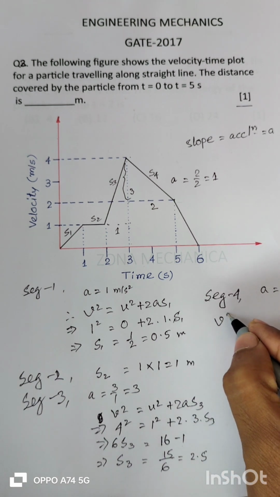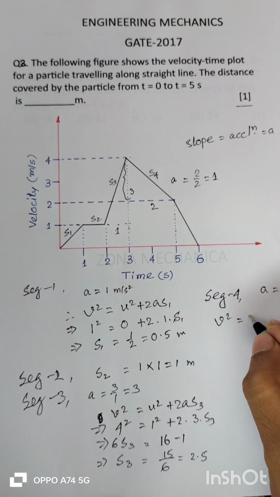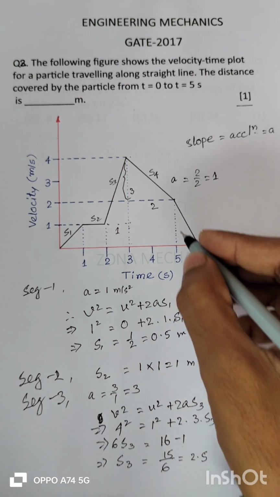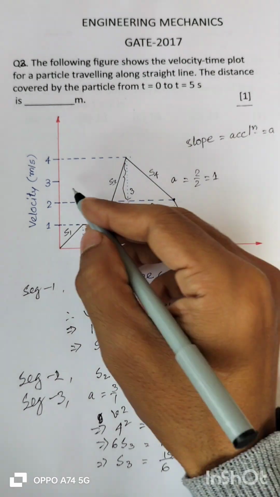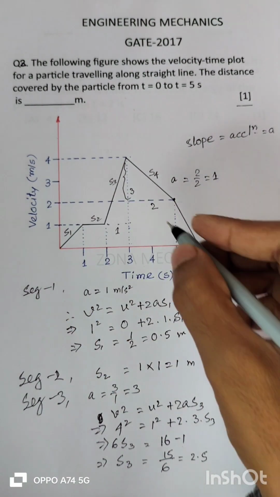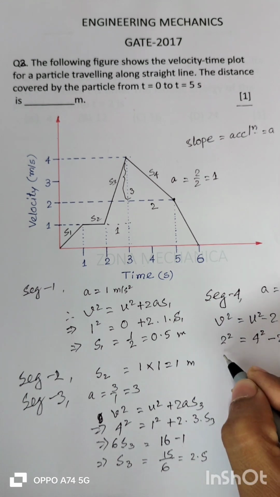Therefore here v square is equal to, since it is in retardation, u square minus 2a into s4. v is the final velocity, that is this point velocity is 2. So 2 square is equal to u, the initial velocity, that is 4, so 4 square minus 2 into a, which is 1, into s4.